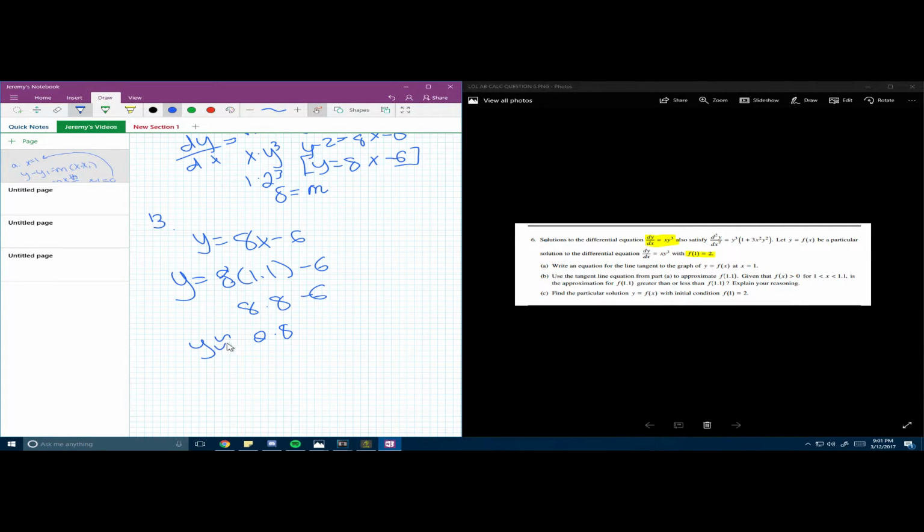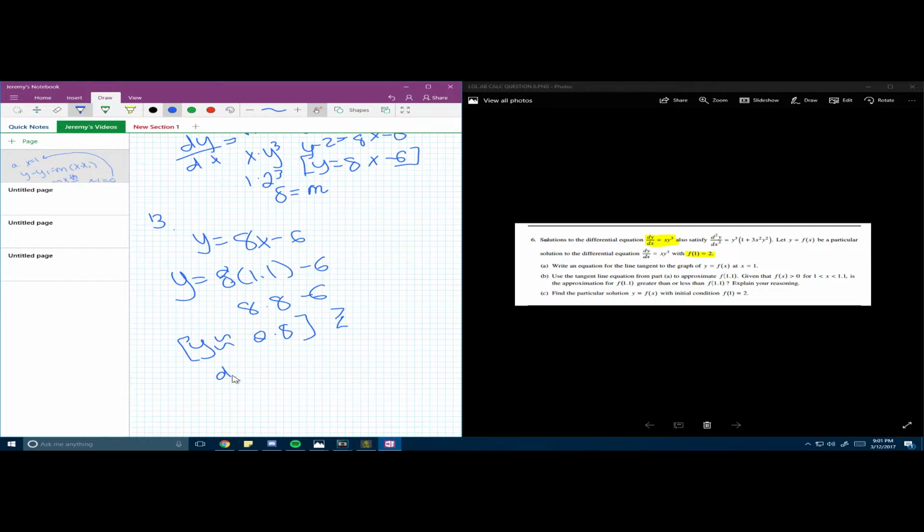So y is around 2.8. Alright. So that's just step 1 for part B. Now step 2 is asking us to use this approximation and figure out if it is greater than or less than the actual y of the original function at x equals 1.1.